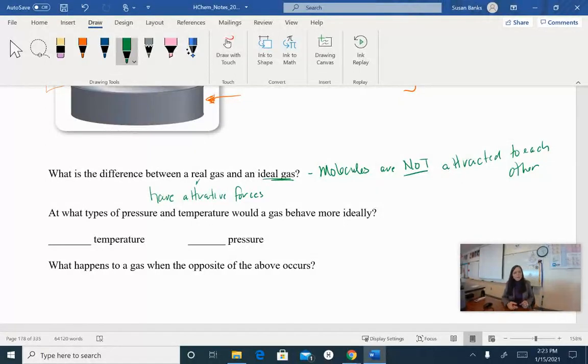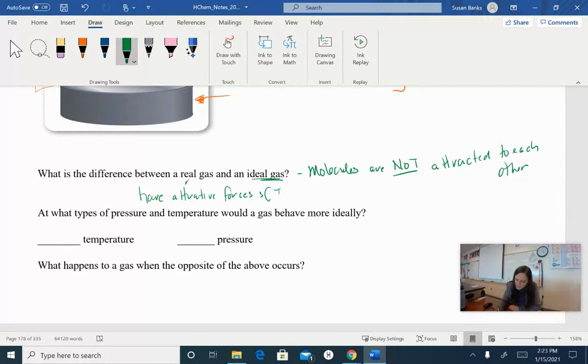And we will talk about those forces of attraction in a little bit. They're called IMFs, intermolecular forces. Some are quite weak, some are quite strong.